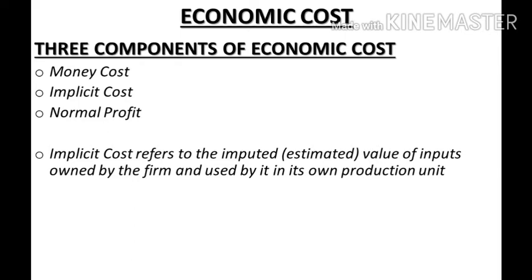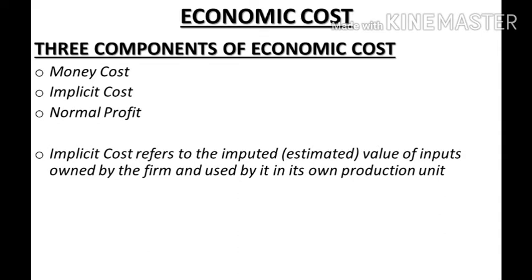Now this concept is slightly different from the previous one. Generally the firm is purchasing or hiring factor services, but sometimes the firm or the producer may own certain factor services and use these factor services in his own production unit.